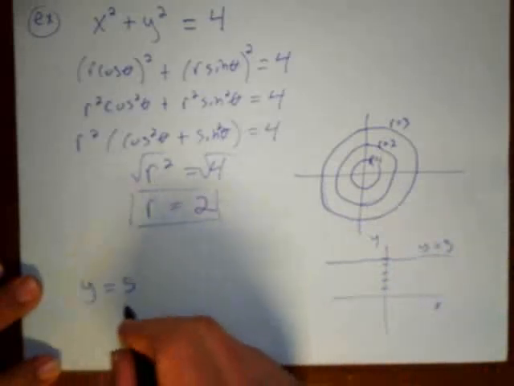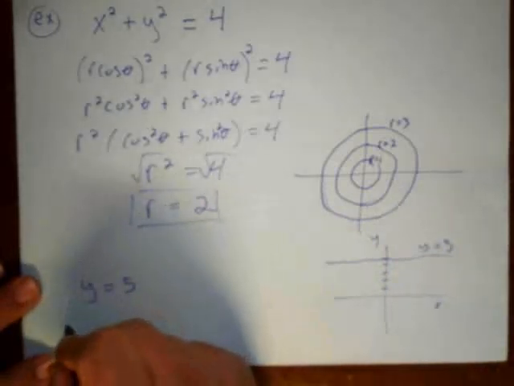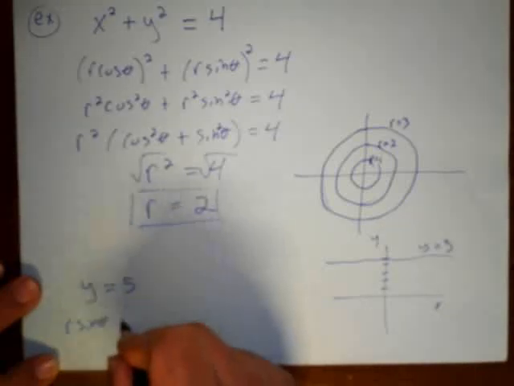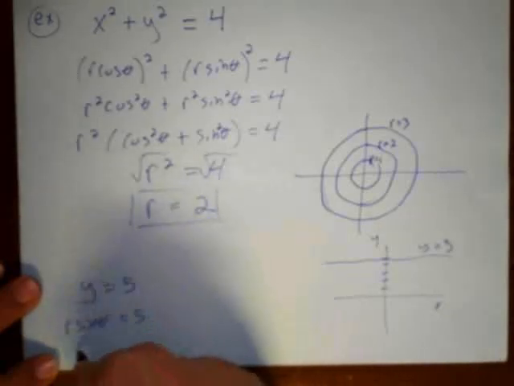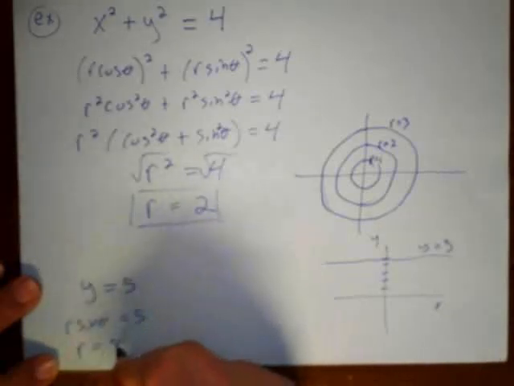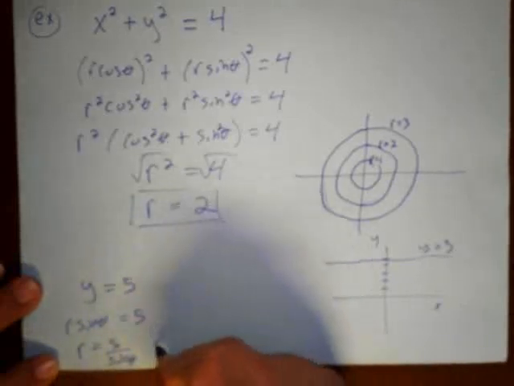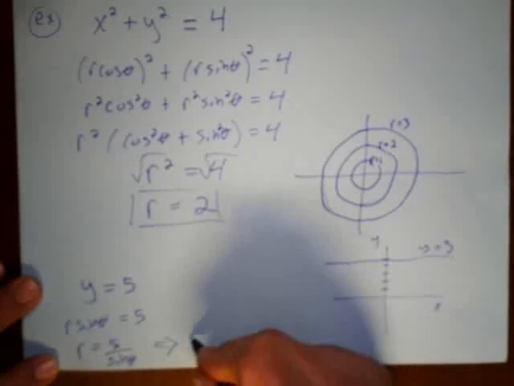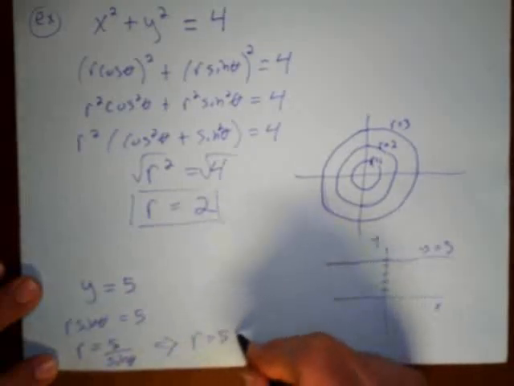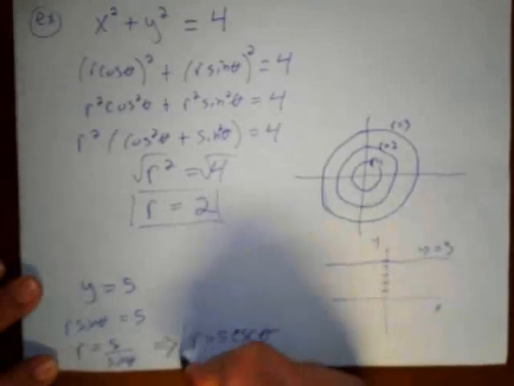So to convert this to polar coordinates, in for the y, I would put r sine theta is equal to 5, and then r would equal 5 divided by sine theta, and this would equal r is equal to 5 cosecant theta.